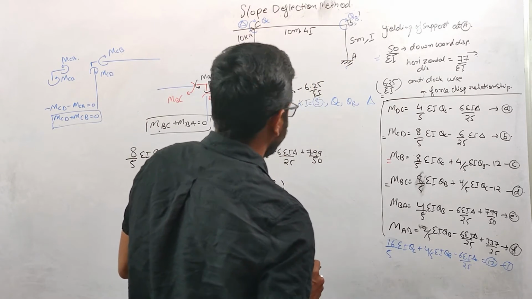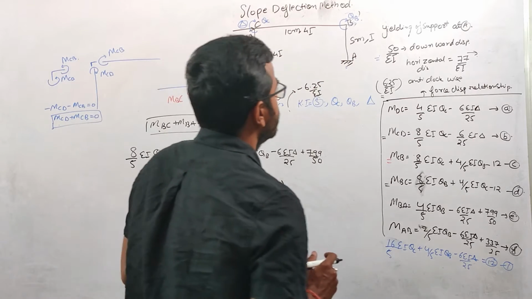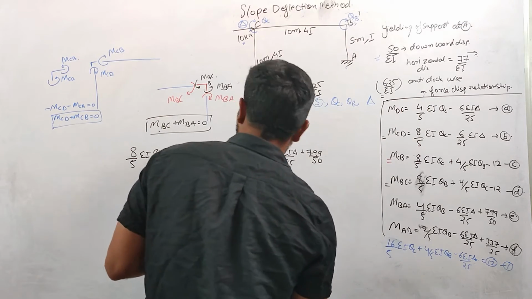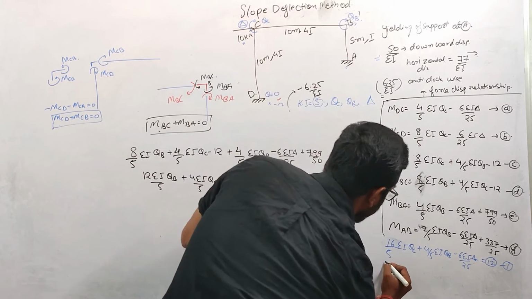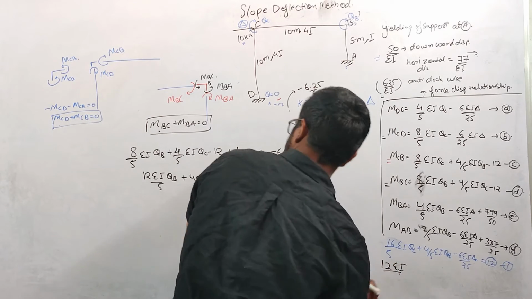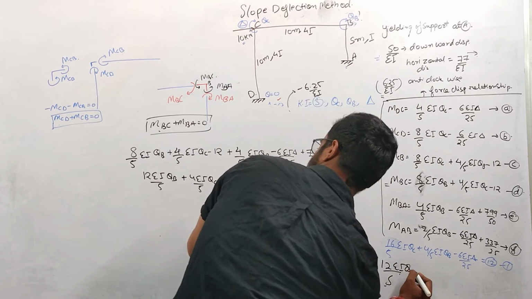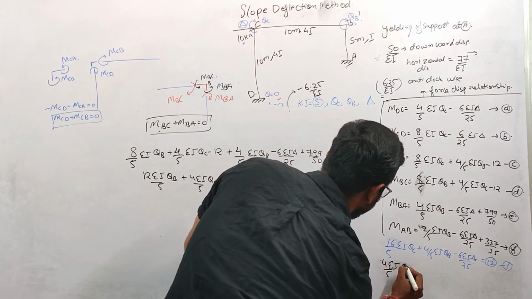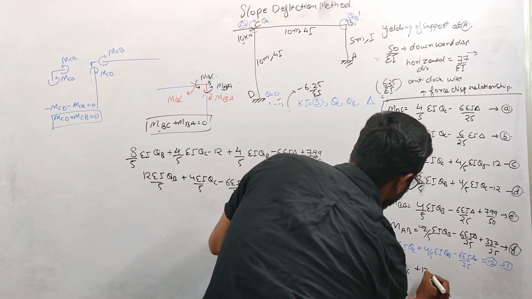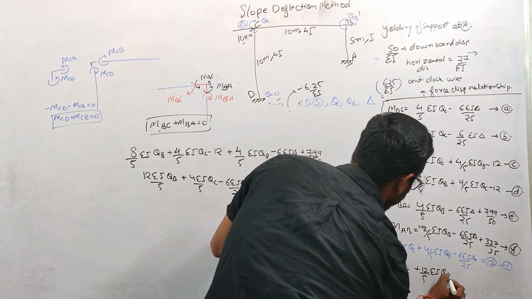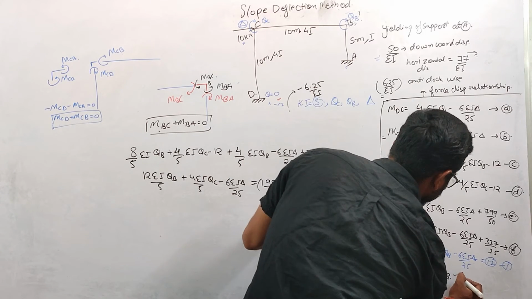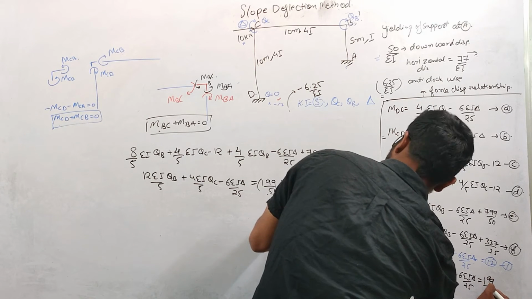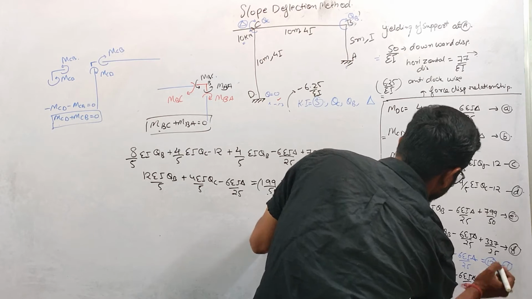So I need to write this equation. So this equation is basically 12 EI over 5 theta B plus 4 EI over 5 theta C, minus 6 EI delta over 25 equals 199 over 50 with minus sign.